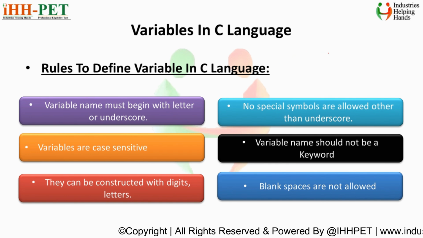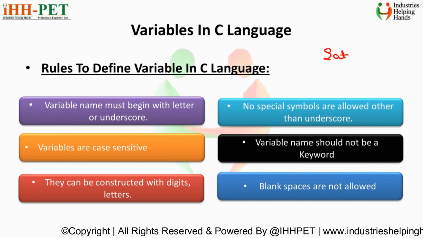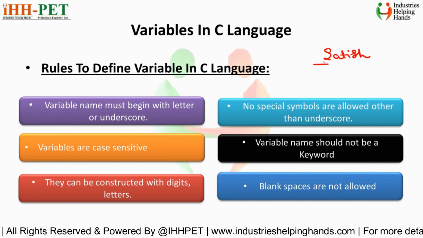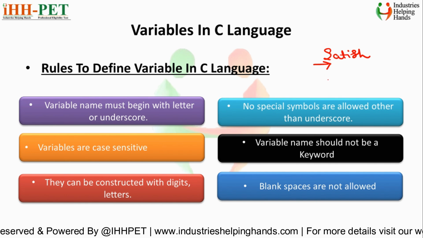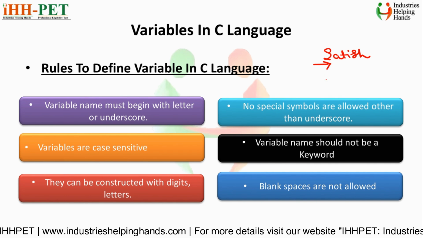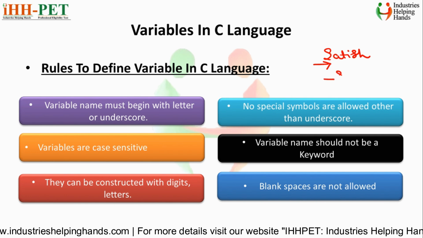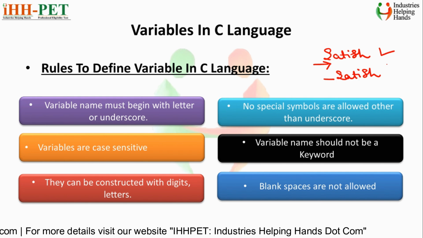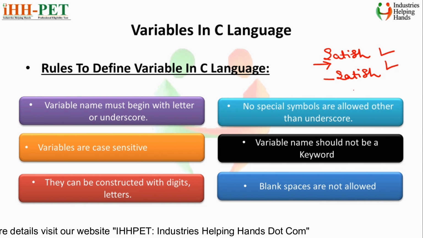That means if my name is Satish, my variable name will start with an alphabet, or an underscore Satish. So these are the valid variable names.